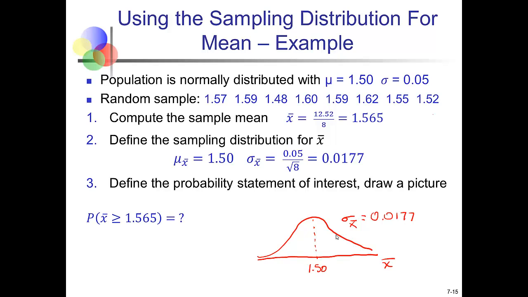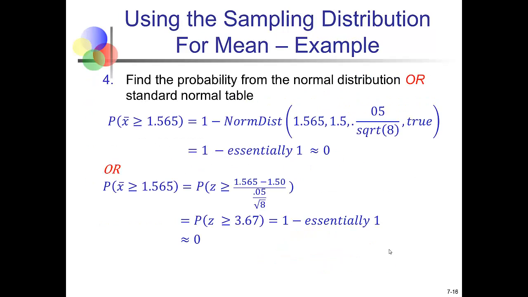So I need to be out here somewhere, 1.565. I'm trying to find the probability of being greater than or equal to that particular value for a sample mean. So how do we do this? Well, we can use the normal distribution in Excel, normdist, or we can use the standard normal table. Either way is going to give us the same value.